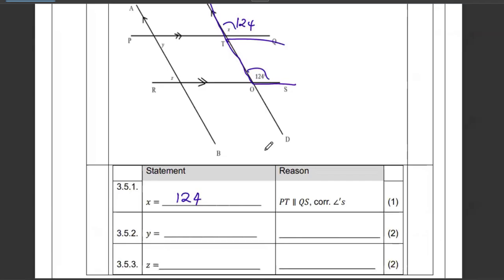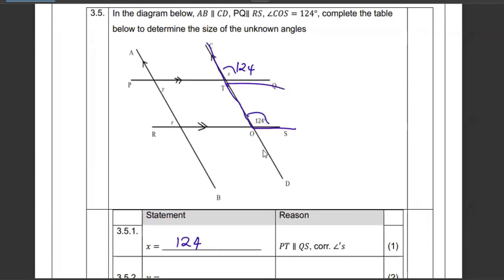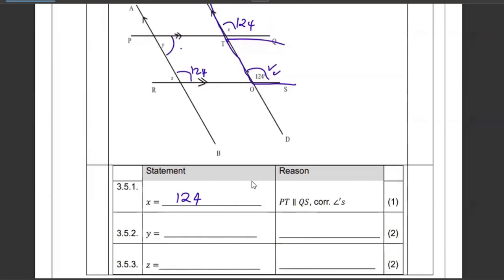And then what is our Y? We need to find Y there. So if X is 124, we know that this must also be a 124, meaning that Y plus 124 must give us the co-interior. Okay, I'm saying Y plus 124 must give us 180.